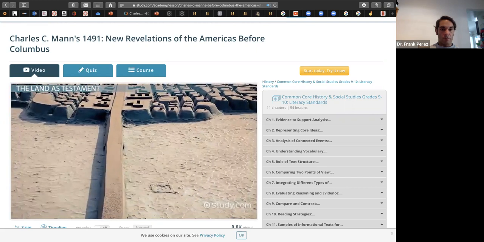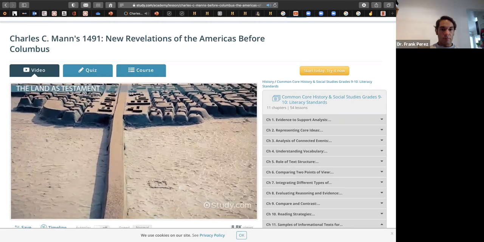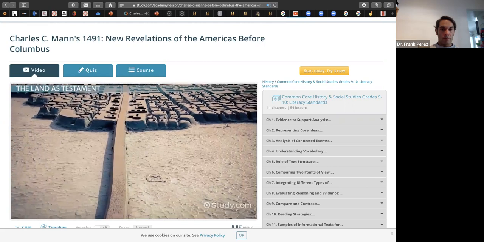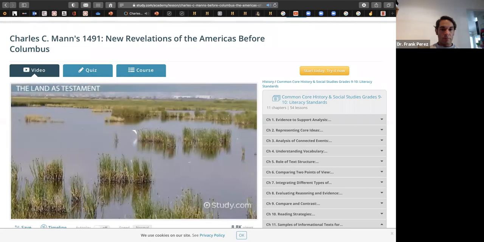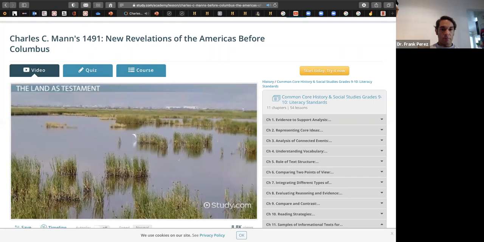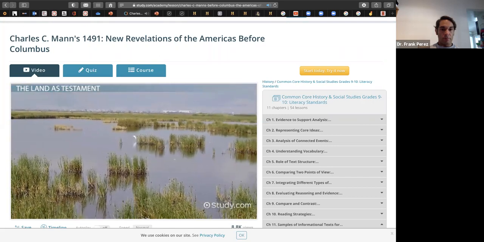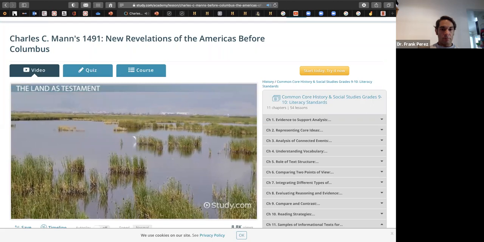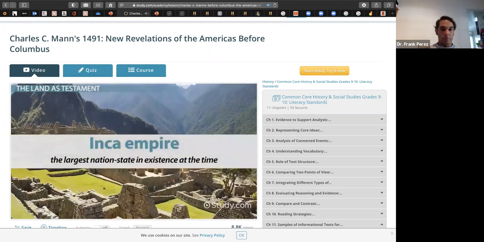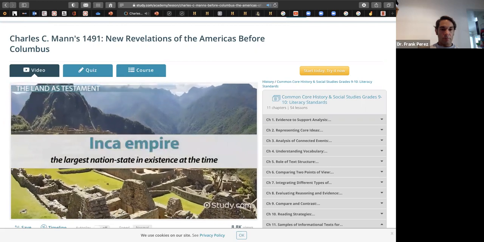Tenochtitlan was the capital of the Aztec Empire between the 1300s and 1500s, and its ruins are still visible in Mexico City. Just outside of Tenochtitlan was Lake Texcoco, a huge artificially constructed set of islands demonstrating the technological prowess of the people of the region. Continuing south to the Inca Empire, you would see that it was the largest nation-state in existence at the time.